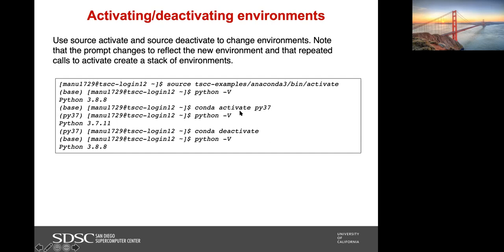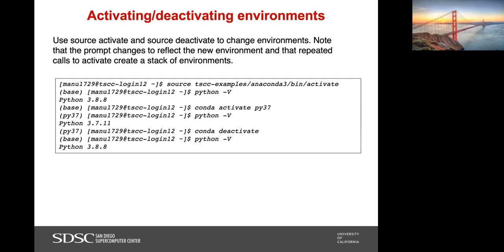Now, how do I activate the virtual environment that I created, which is, say, Python 3.7? For that, you need to use the command conda activate py37. Once you do that, you'll see that the prefix has changed from base to py37, and the Python version is 3.7.11.